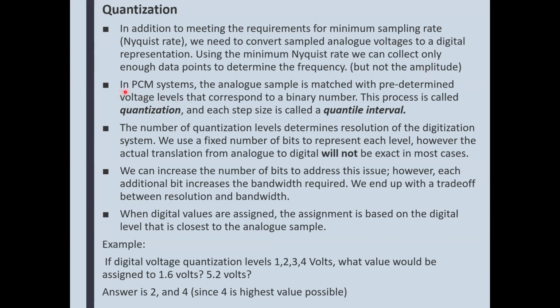All right. In PCM systems, pulse code modulation systems, the analog sample is matched with the predetermined voltage levels that correspond to a binary number. So each number is assigned a voltage. This process is called quantization.